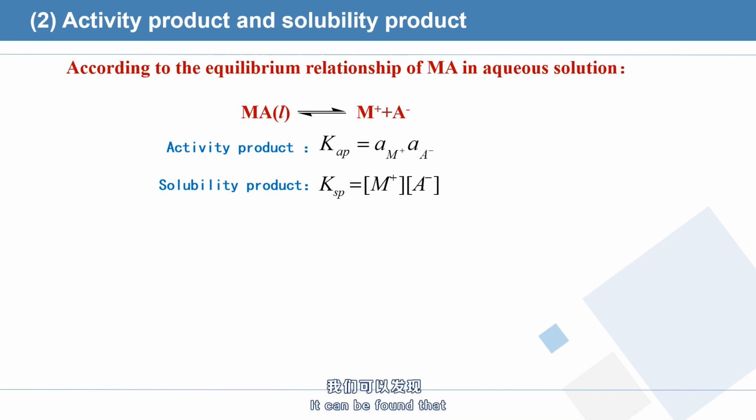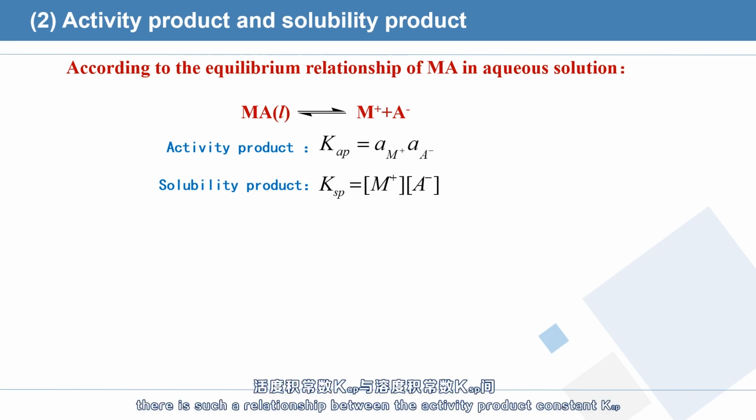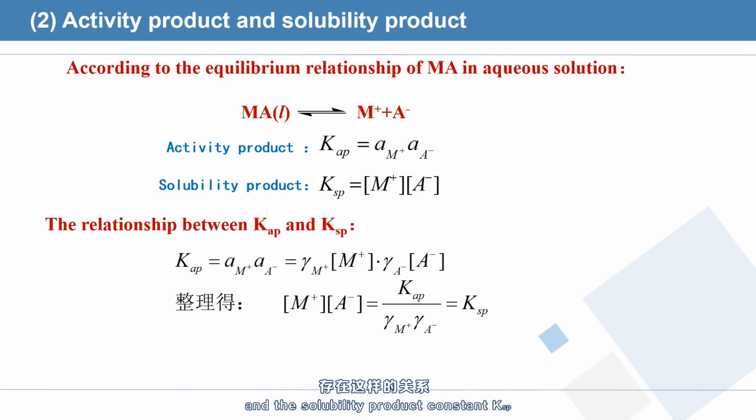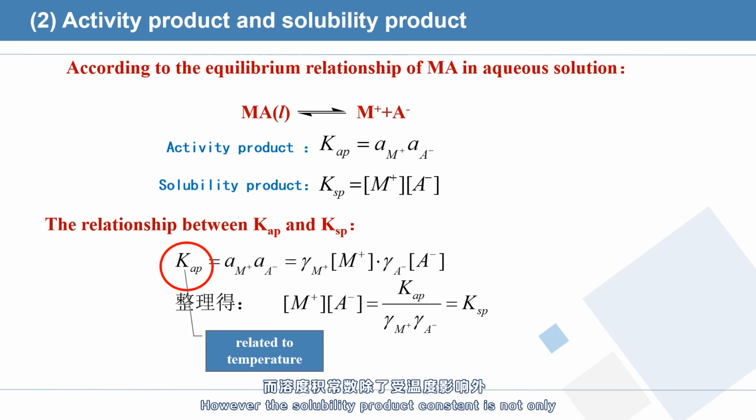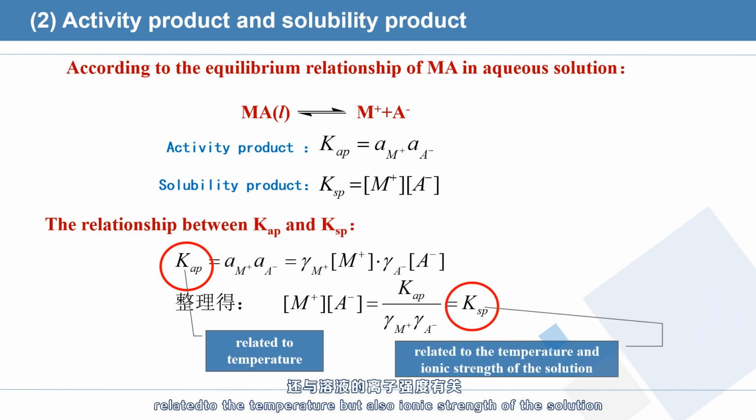It can be found that there is such a relationship between the activity product constant Kap and the solubility product constant Ksp. The activity product constant is normally only related to temperature. However, the solubility product constant is not only related to the temperature, but also ionic strength of the solution.